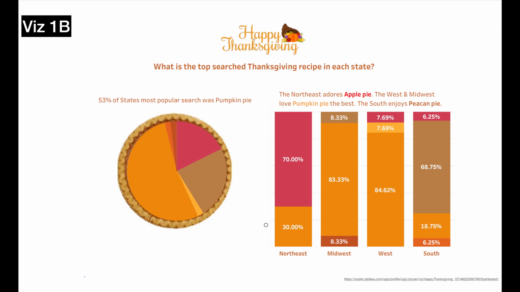Here we have a similar kind of representation of this using a pie chart and these bar charts split up by regions. Pie charts are interesting if there's a distinct difference in size between the different categories. We see here that searching for pumpkin pie is more than half of the total searches.